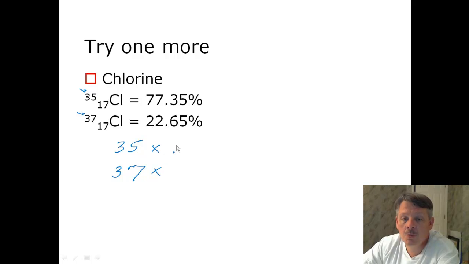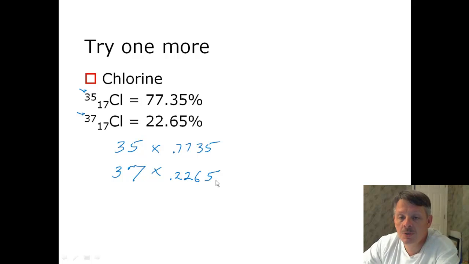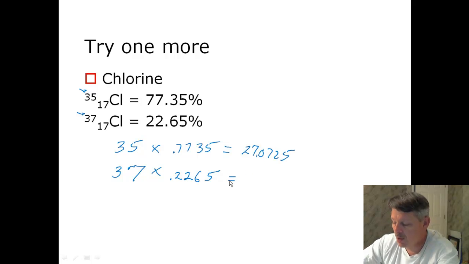Now our top one is a percent abundance of 77.35, or 0.7735 as a decimal. Your second one is going to be 1 minus that number, which is 0.2265. I'm going to come up with 2 numbers, and when I do these, I come up with 27.0725, and I come up with 8.